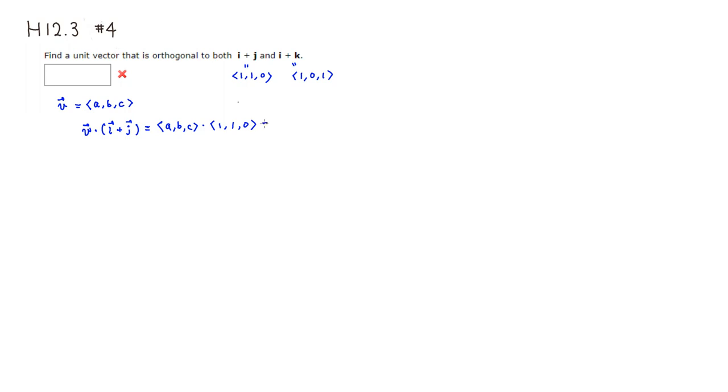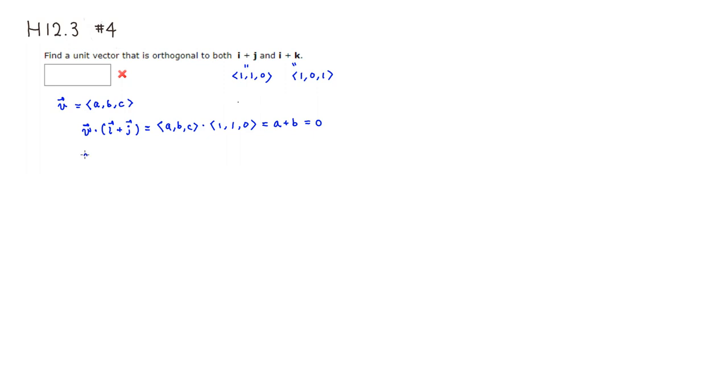This gives you a times 1 plus b times 1 plus c times 0, and this has to be equal to 0. So we have that.